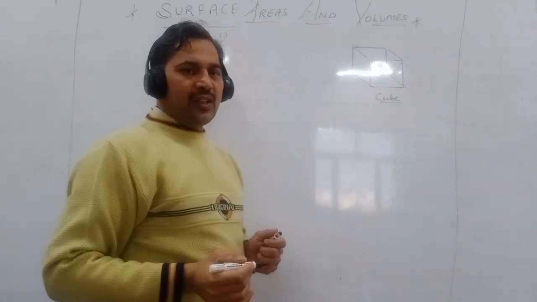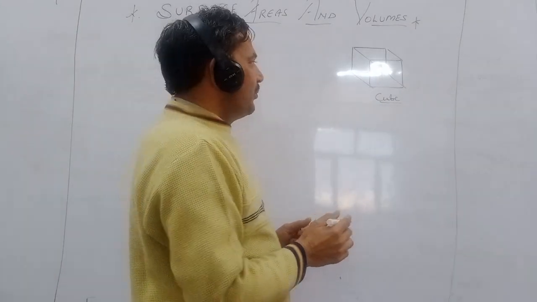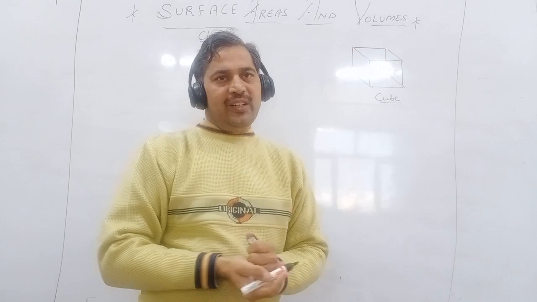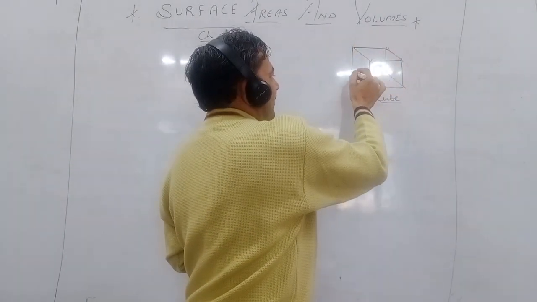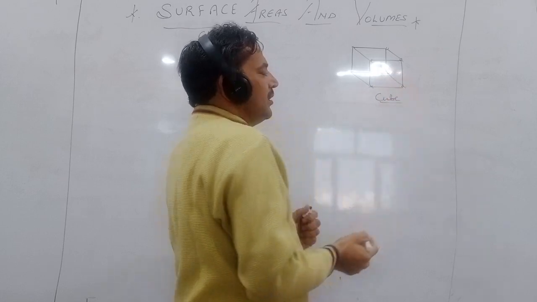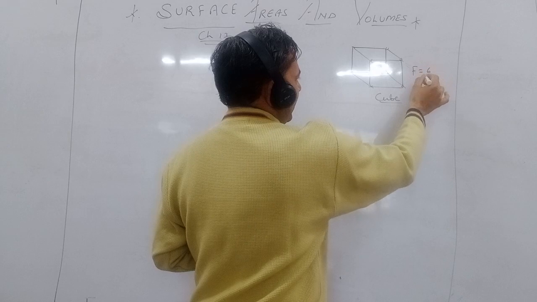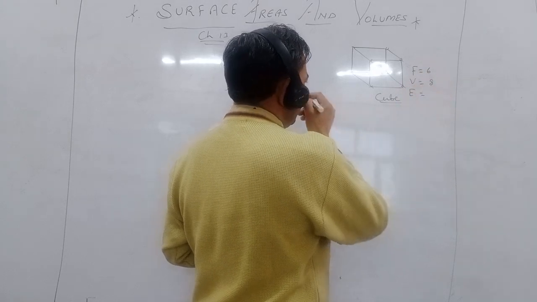Okay. In the cube, these are known as the faces. How many faces? There are 6 faces. How many vertices? These are the vertices. 8 vertices. Faces 6, vertices 8. What are edges?